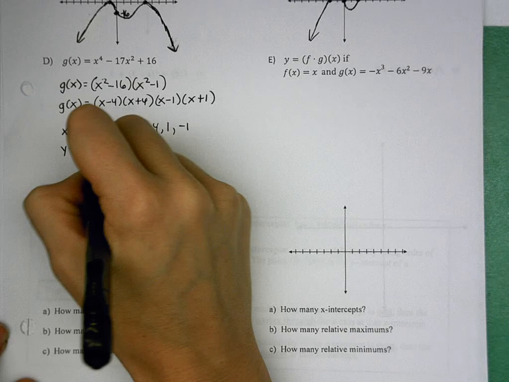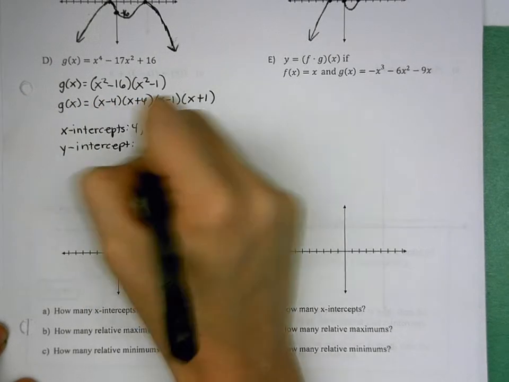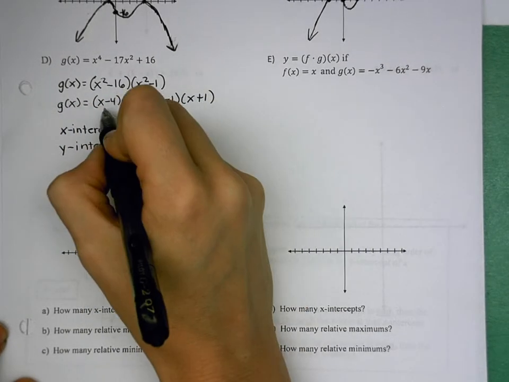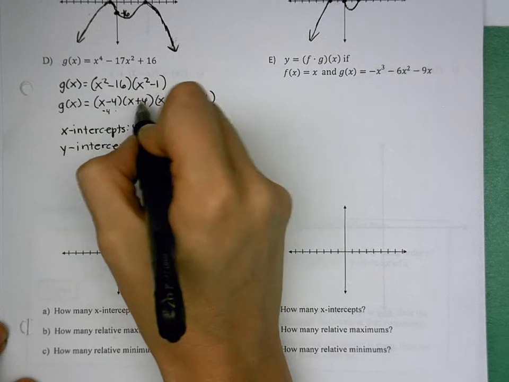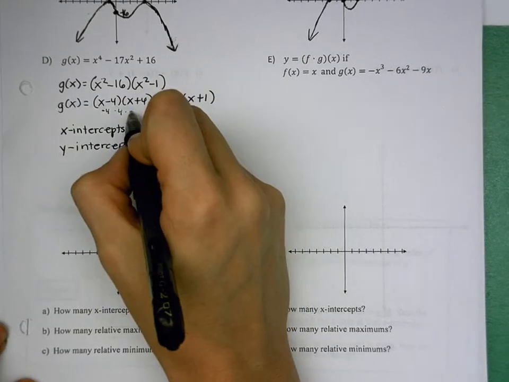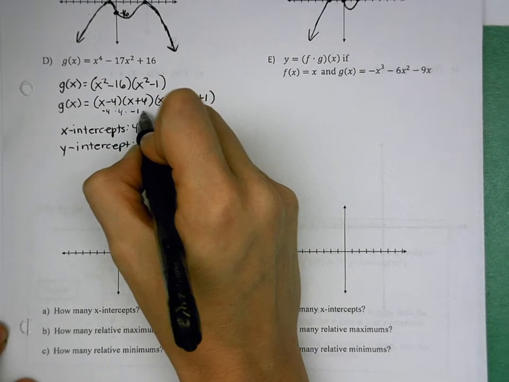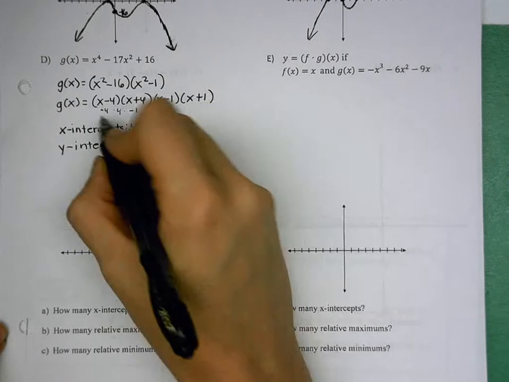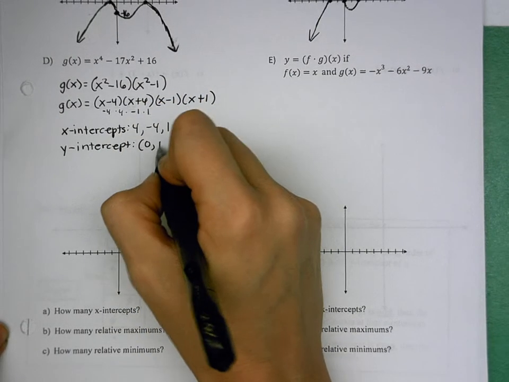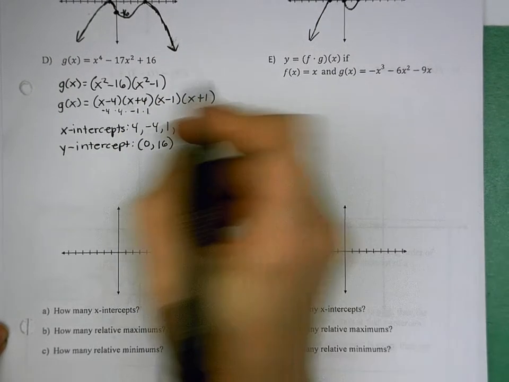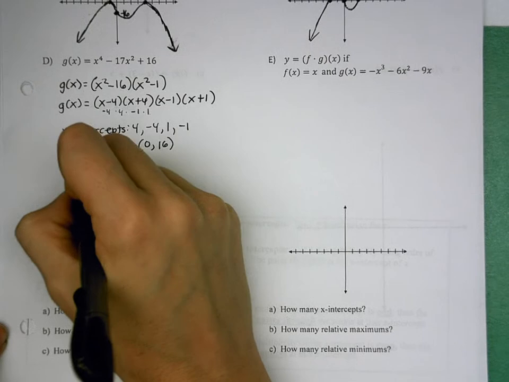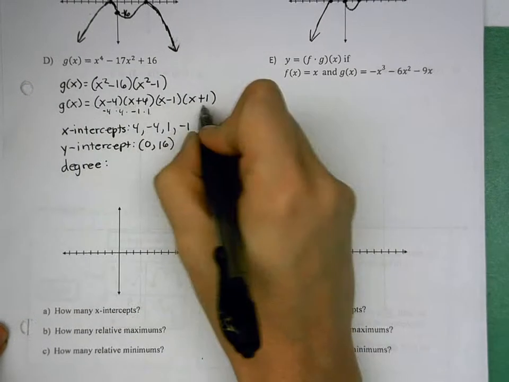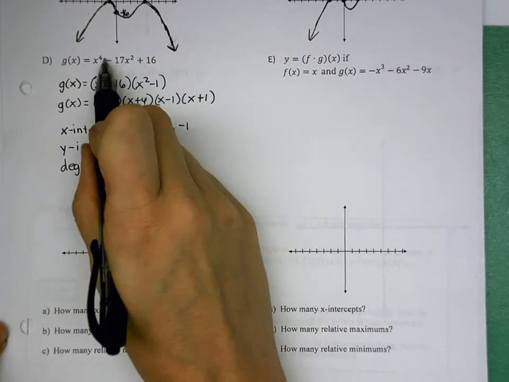Y-intercept, when x equals 0, we would have negative 4 times positive 4 times negative 1 times positive 1. Y would therefore be 16. My degree, I can see that either from the factored form or from the initial. My degree would be 4.